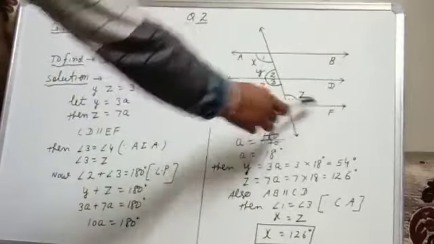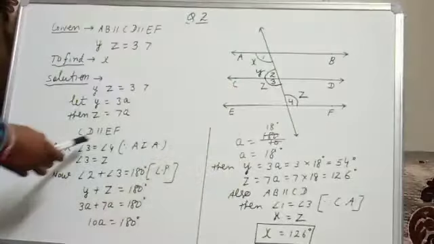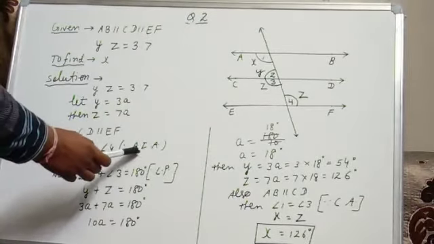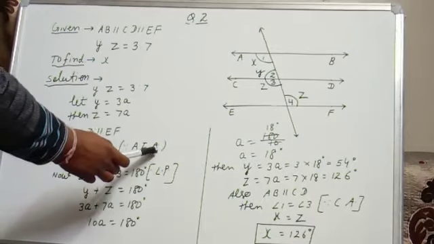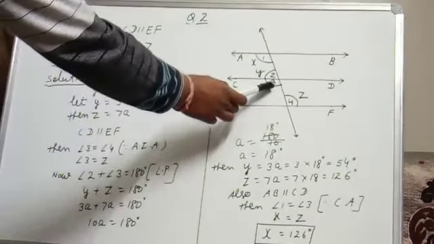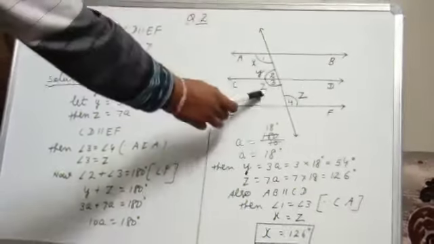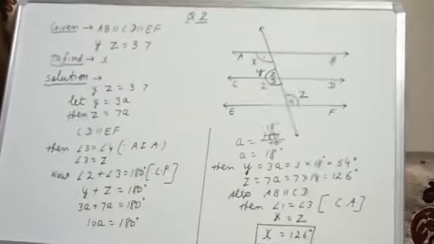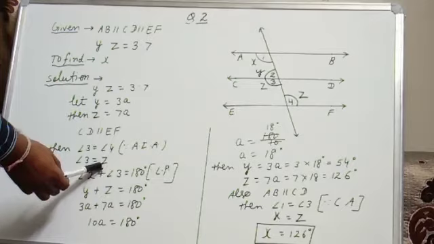So we will start from here. CD is parallel to EF, then these two angles 3 and 4 are equal. The reason is alternate interior angles. In place of 3 we can write z. Angle 4 is given as z, it means 3 is also z. So angle 3 is also z.